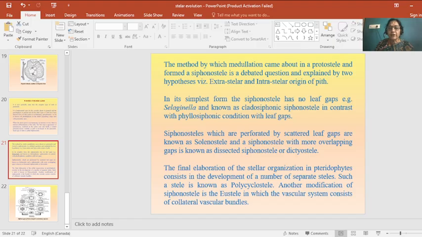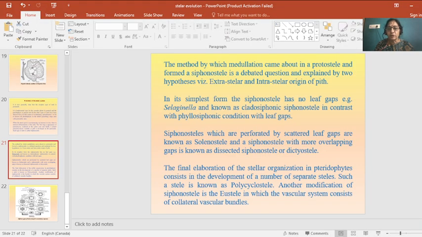Siphonosteles perforated by scattered leaf gaps are known as solenosteles, and a siphonostele with more overlapping gaps is known as dictyostele.